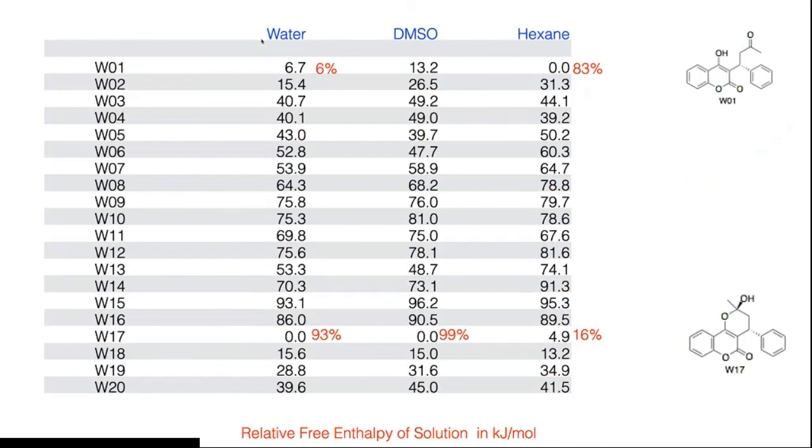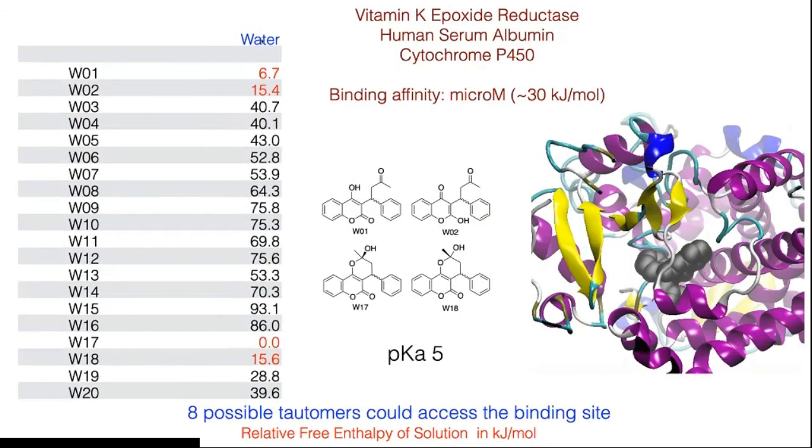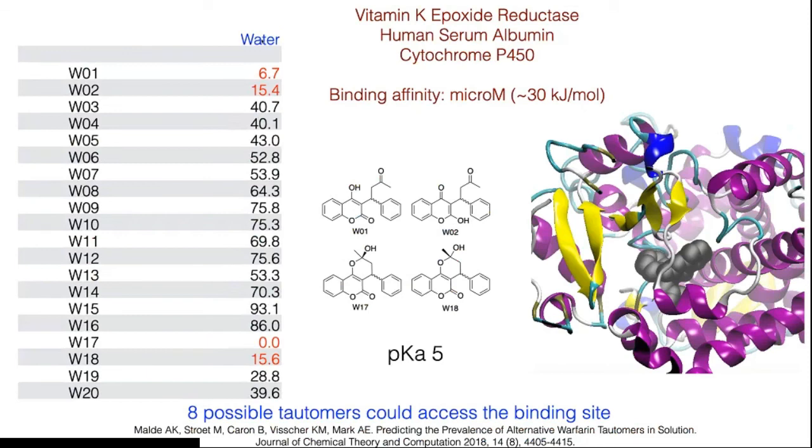So again, we look at these 20 tautomers of warfarin in water, and we notice that 2 tautomers, 1 and 2, and 17 and 18 here, are the ones which are within 15 kilojoules per mole energy difference in solution.